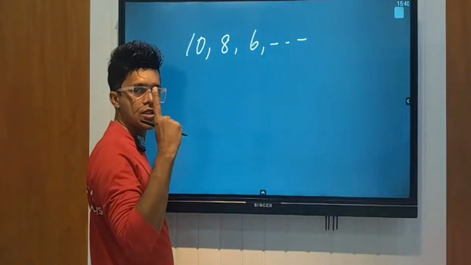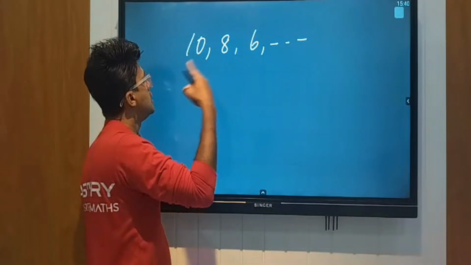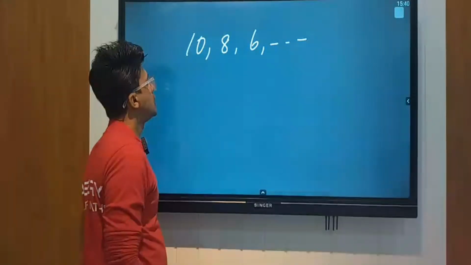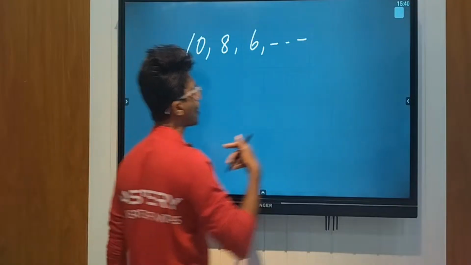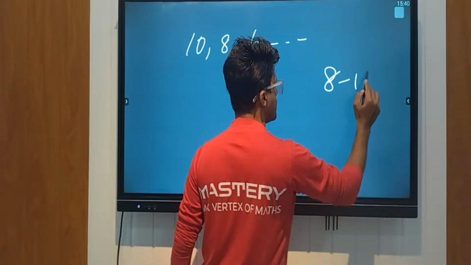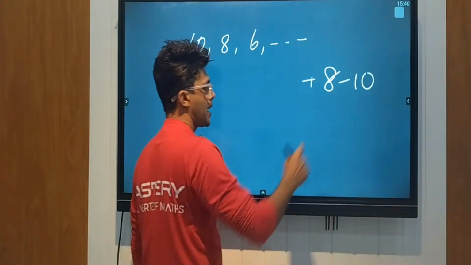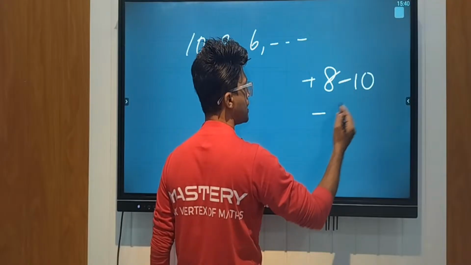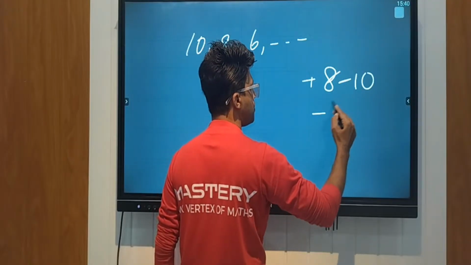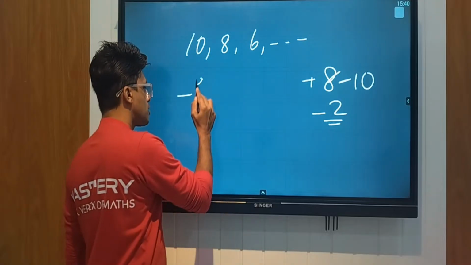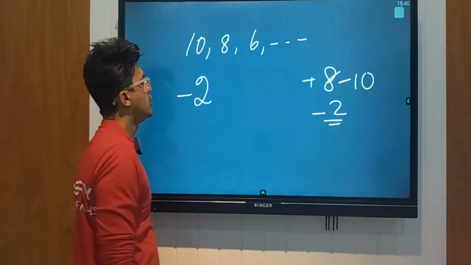The first thing is getting the value of the common difference. That is done, then 8 minus 10. The greater digit is 10, so the minus sign is written here. 10 minus 8 is 2. The common difference is minus 2.